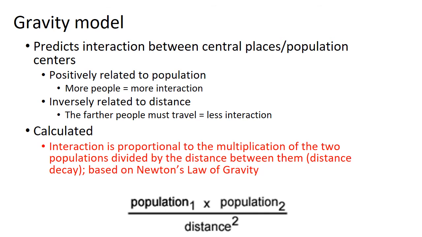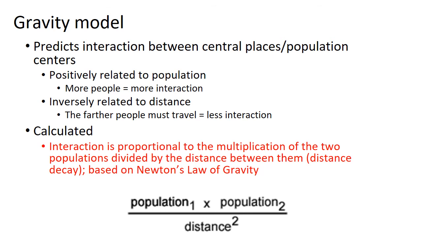The way that you calculate this, and the reason it's called the gravity model, is very similar to trying to determine the force of gravity between 2 objects in physics, right? Except instead of comparing the mass of 2 things, you're going to be comparing the population of 2 cities. So the gravity model is almost overly simple, right? Interaction is proportional to the multiplication of the 2 populations divided by the distance between them, all right?